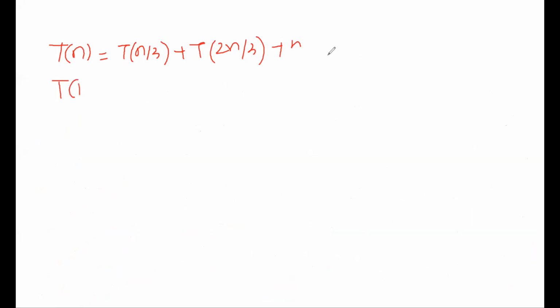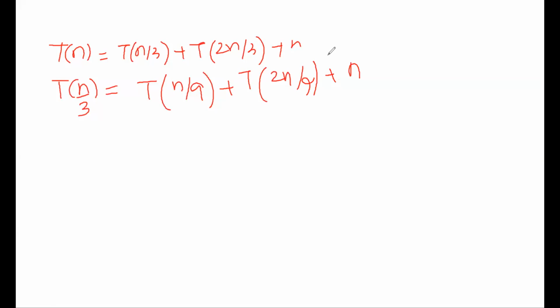Let's say, what is T(n/3)? T(n/3) is T(n/9) plus T(2n/9) plus n/3.